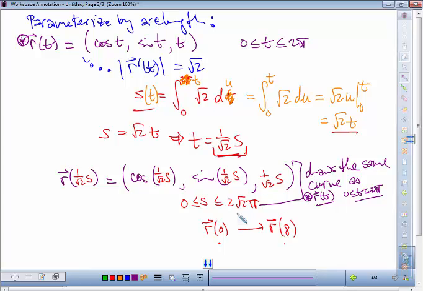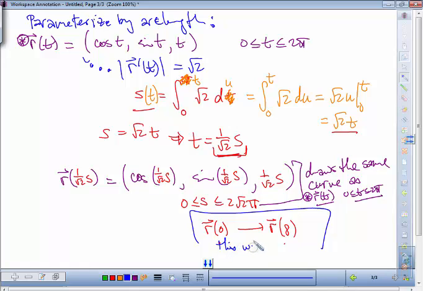So now it's not up to the parameterization, but now it's up to the geometry of your curve. The geometry of your curve dictates it. So let me finish this comment over here.